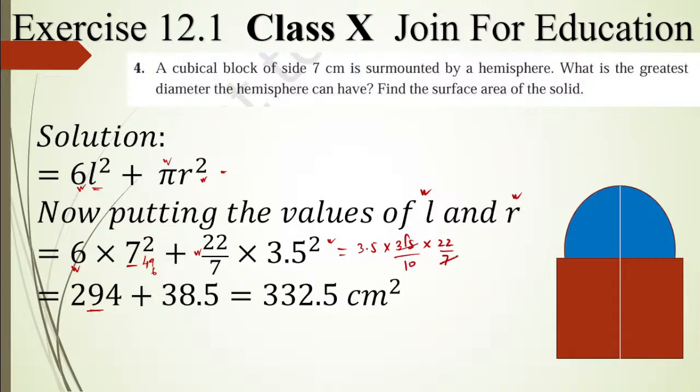So 7 5s are 10, and after the multiplication we get this one, 38.5. After the addition of these two we get 332.5 centimeter square. So this is the surface area of the solid. Hope that there is no problem to understand the solution of question number 4.